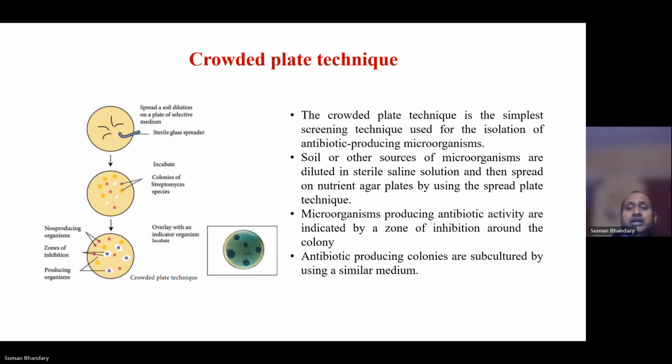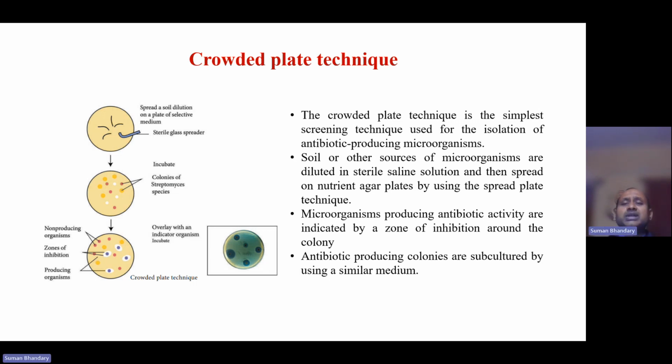After that, a suitable aliquot of the serial dilution is chosen, which is able to produce 300 to 400 individual colonies when plated on an agar plate. And after incubation, you can see this number of colonies over the surface of the agar plate.